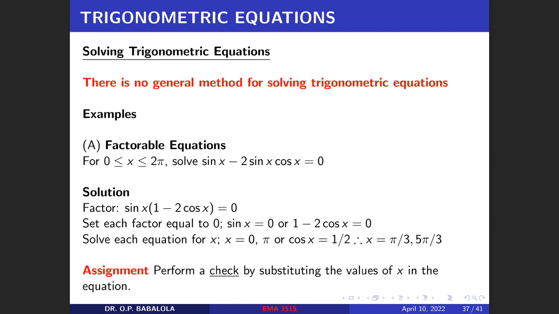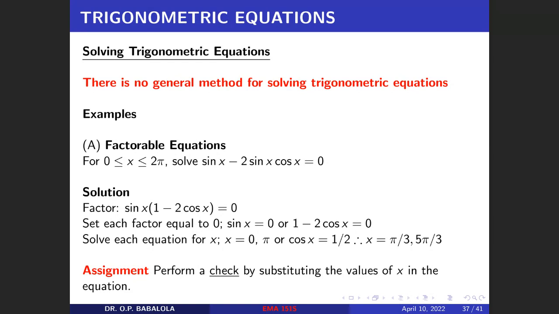So here I'll be having 4 different solutions. What you just need to do is to check whether these solutions really exist for that equation. You substitute your answer back into the equation, and if it gives 0, then you know that solution is valid.